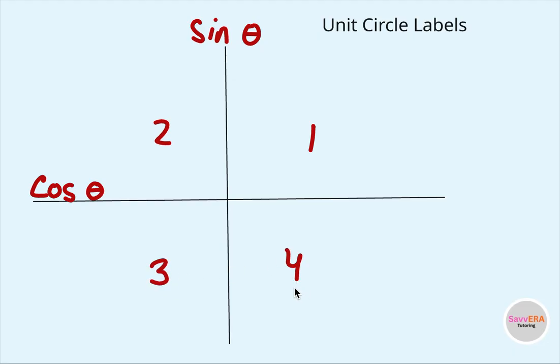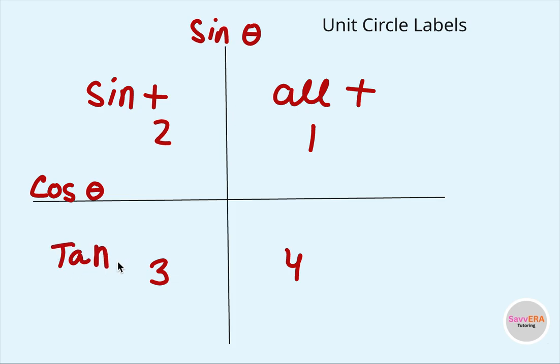Everything that is in quadrant 1 is all positive. So everything in here is positive. Quadrant 2, your sine values are positive. In quadrant 3, your tan values are positive.